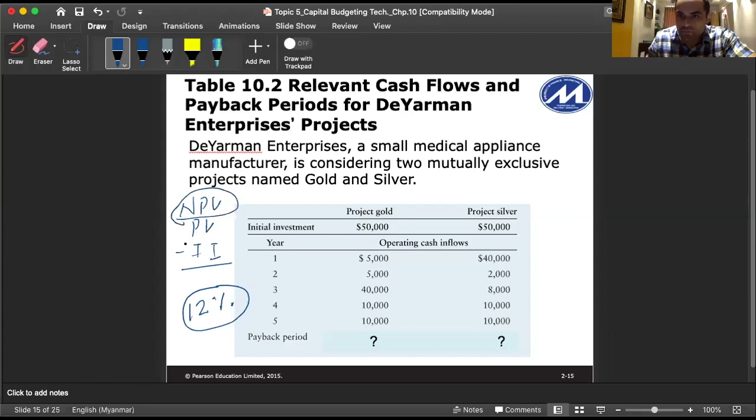55,032 is a PV, not NPV. We make a decision using NPV, not PV.